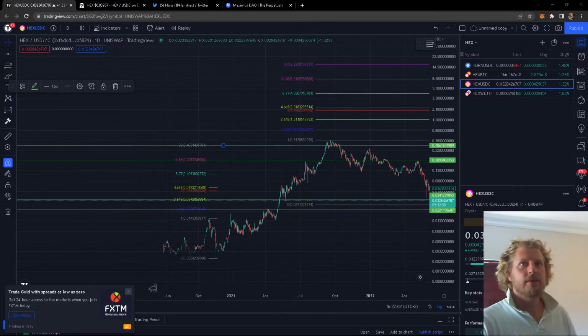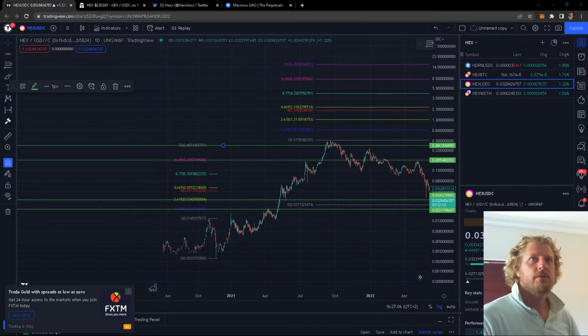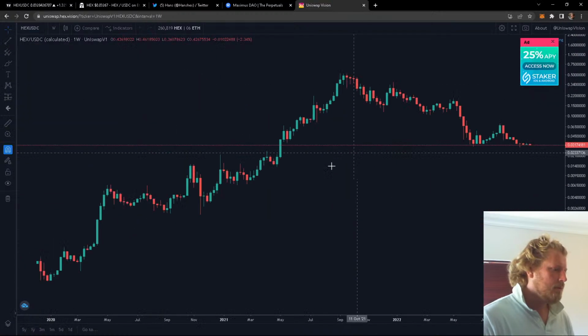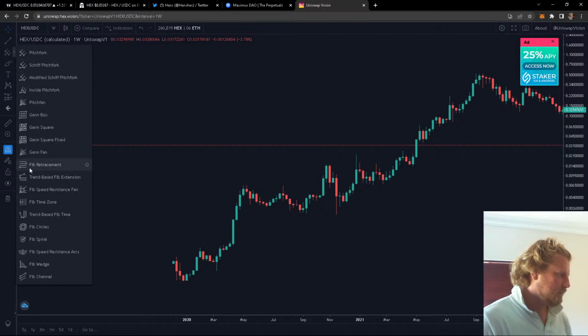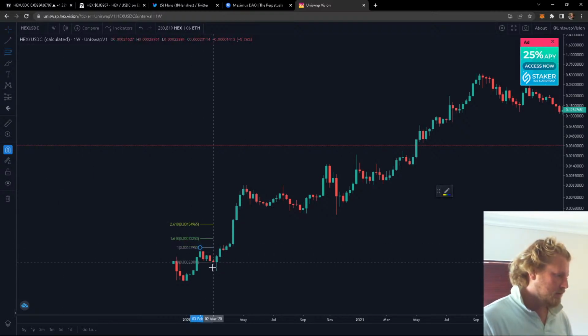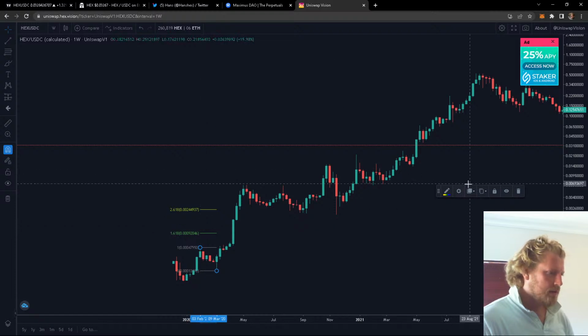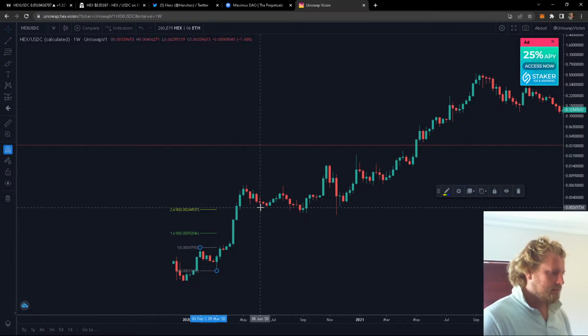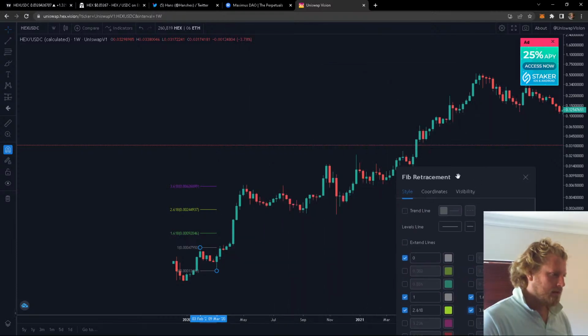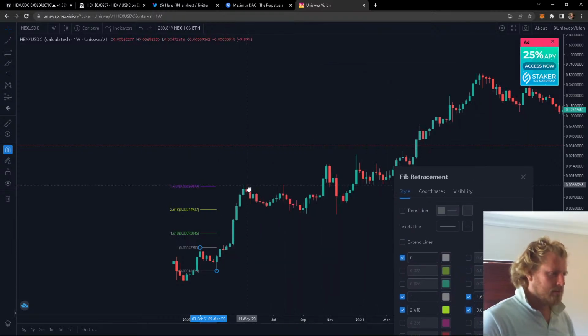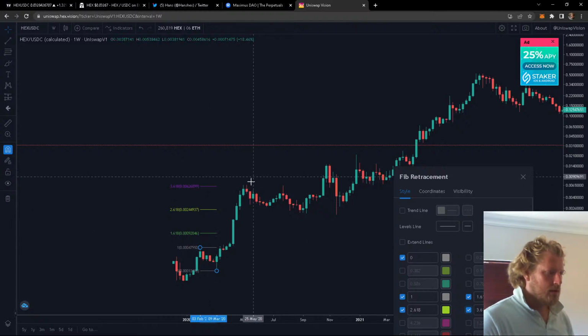Now we can actually do it on the larger chart to see what happened here, all the way from the beginning. So you have your 2.618, 3.618. This showed the exact top of the, this was the God whale pump.